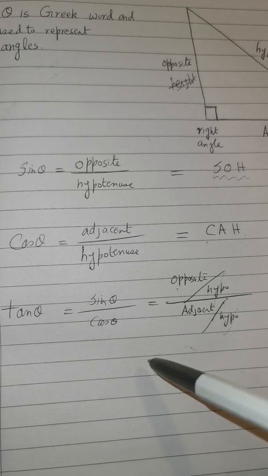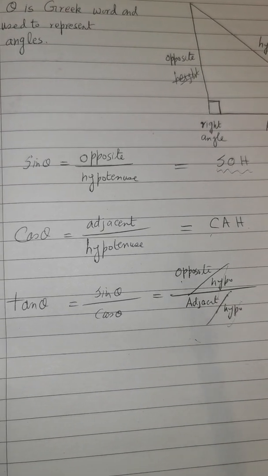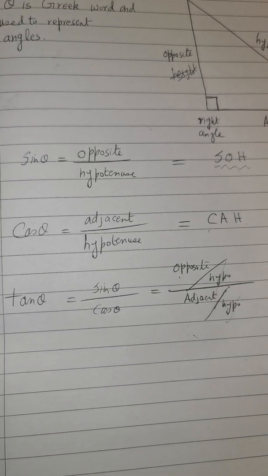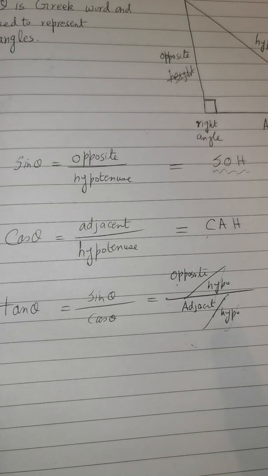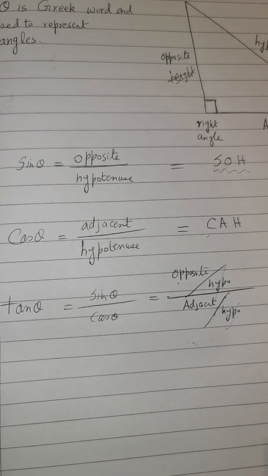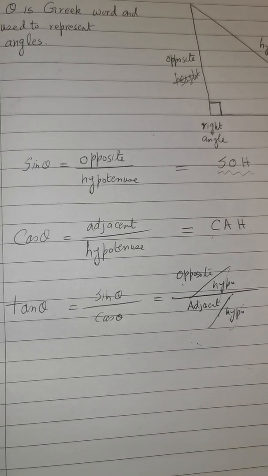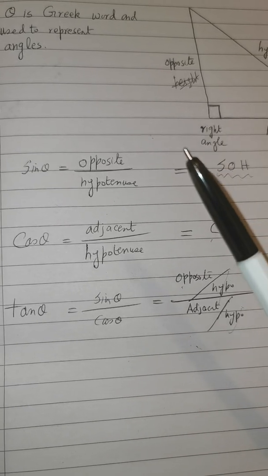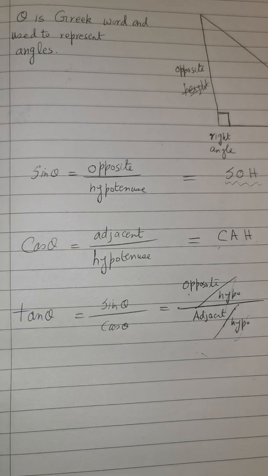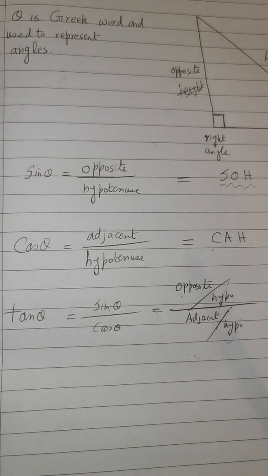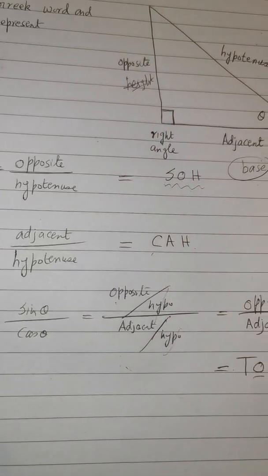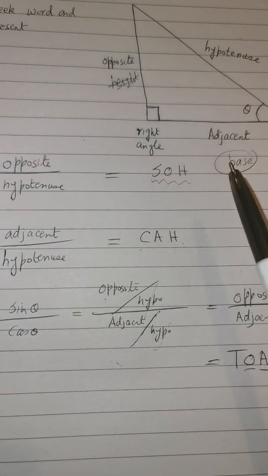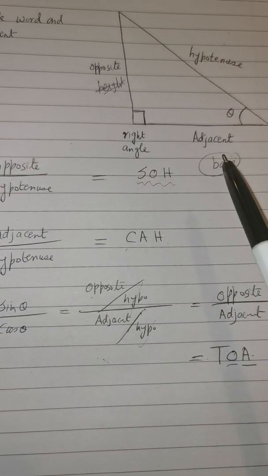In trigonometric ratios, they will give you a right angle triangle with either two sides and one angle. One angle is the right angle, they give you the other angle, and you have to find the lengths of the other two sides. Or they will give you only two sides, and you have to find the angle and the third side.